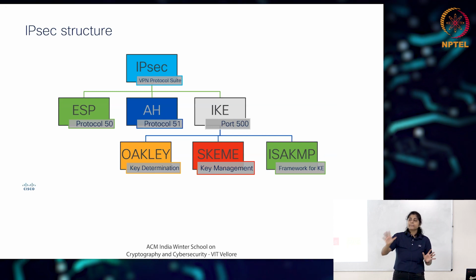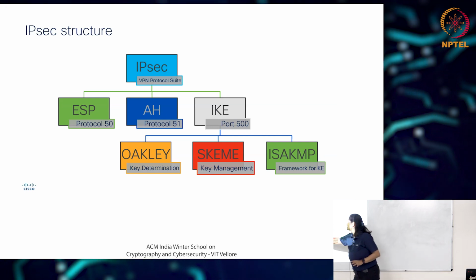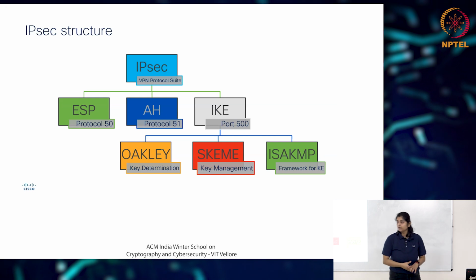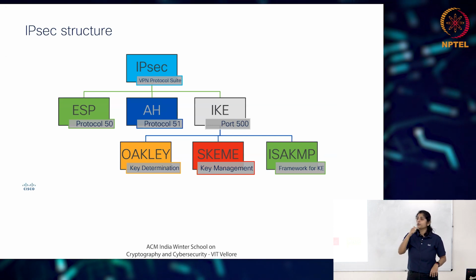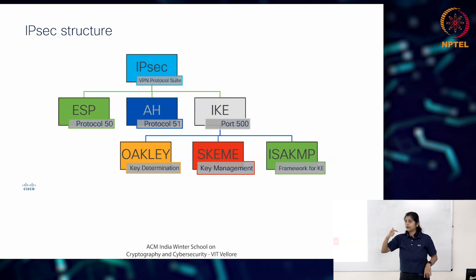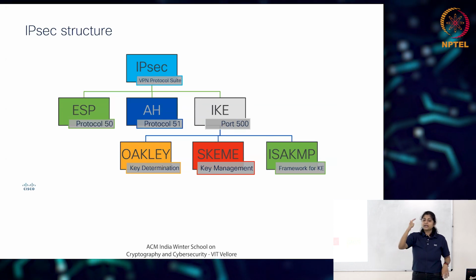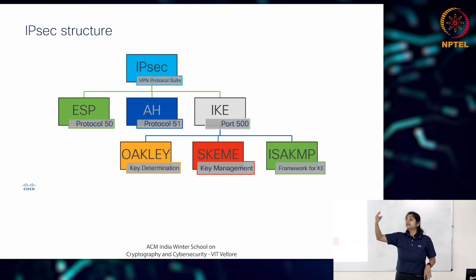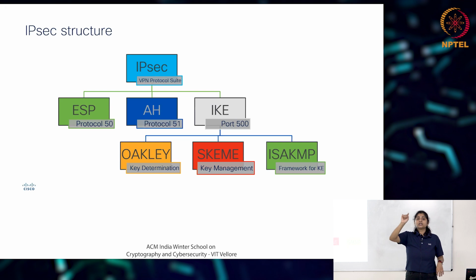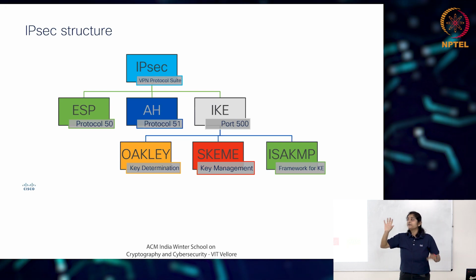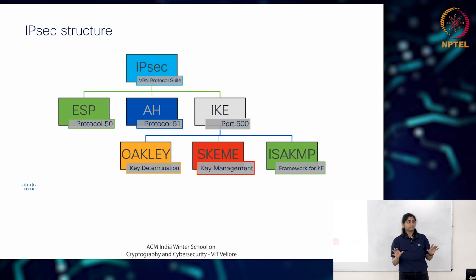So what we use is the ESP protocol 50 and AH protocol 51. These are all protocols that run inside IPsec. And there is something called IKE, Internet Key Exchange. This Internet Key Exchange is the most important framework we have for IPsec.